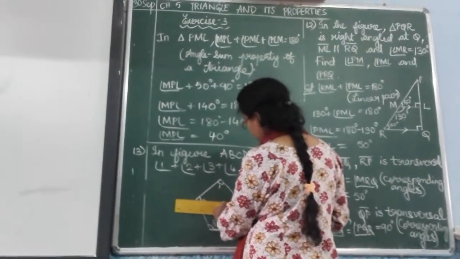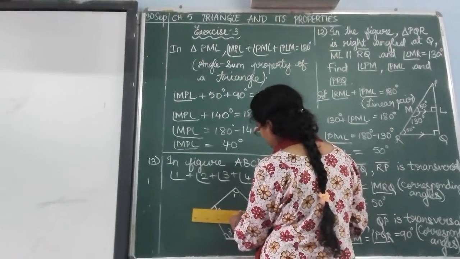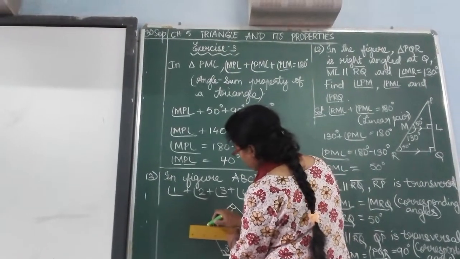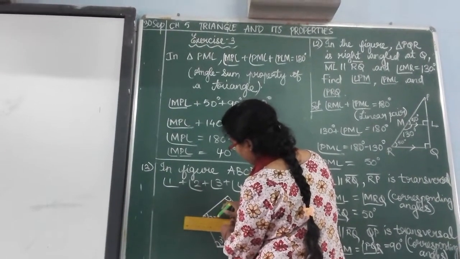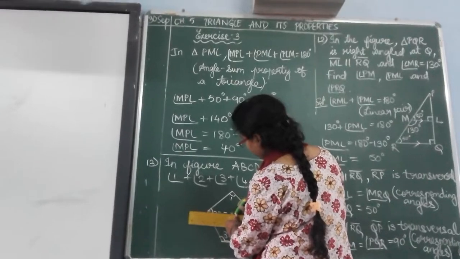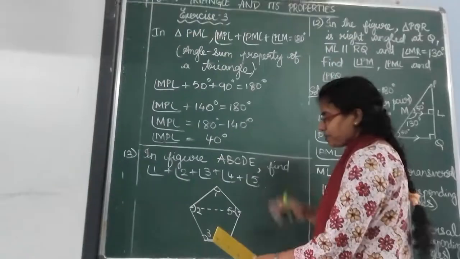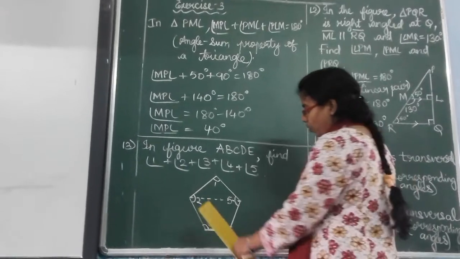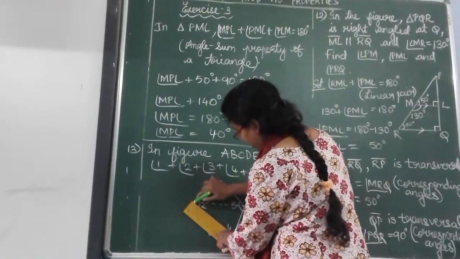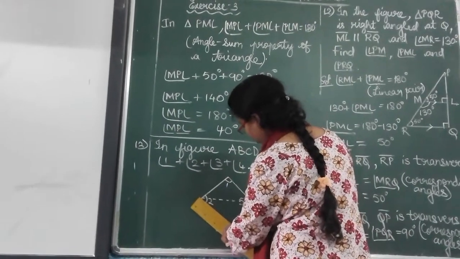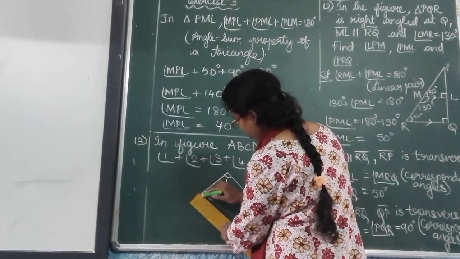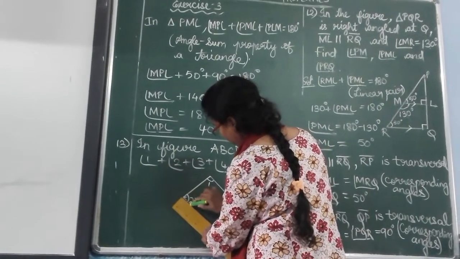Whenever I am constructing something, I am going to draw a dotted line. So here, a dotted line here. So here this is the first part of the triangle. Now a second triangle I am going to form, where I am going to join angle 2 and angle 4.